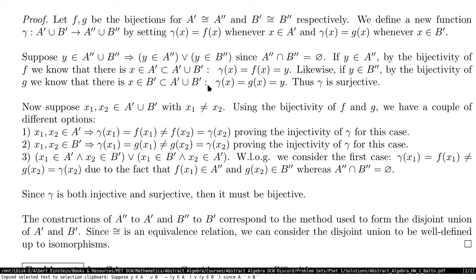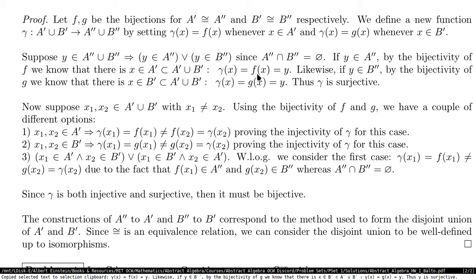If y is in A double prime, then as f is bijective, we know that there is some x in A prime, which is a subset of A prime union B prime, such that f of x is going to give you y, right? You do the same for the other case when y is in B double prime. As g is bijective, you can also say this, thus making gamma itself a surjective function, right?